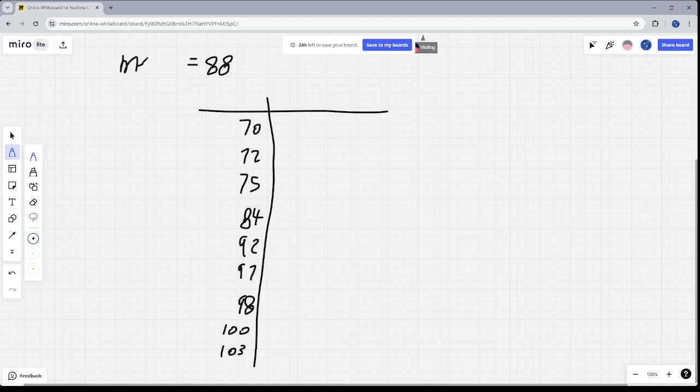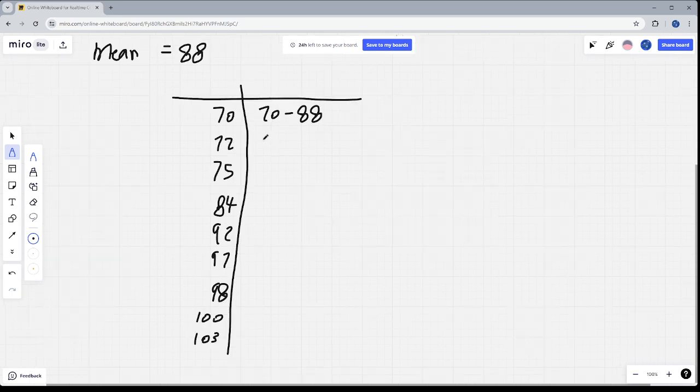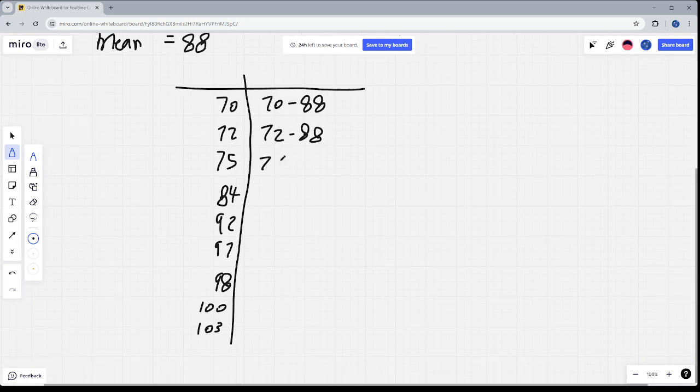Right, so we have all our numbers here now, and we want to see how far they are from our mean, which is 88. So, as we did before, we're going to take 70 and do minus our average, which is 88. And we're going to do this for all our numbers to figure out how far they are from our average. Okay, so, help me fill some of these in.